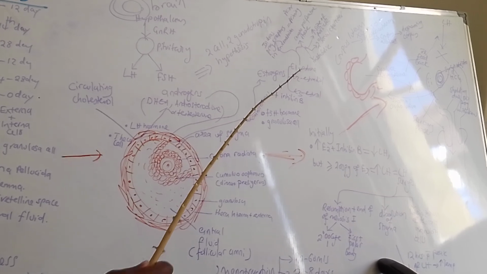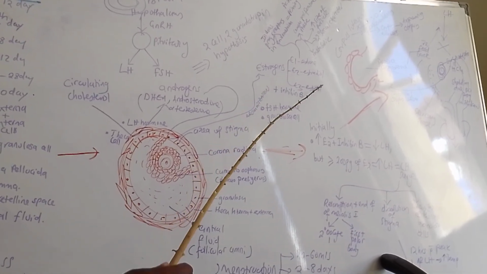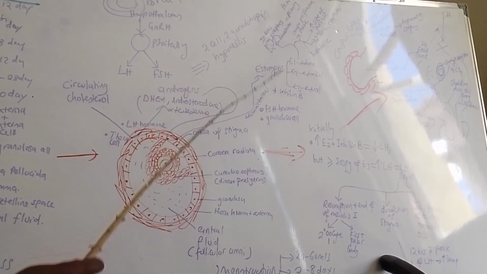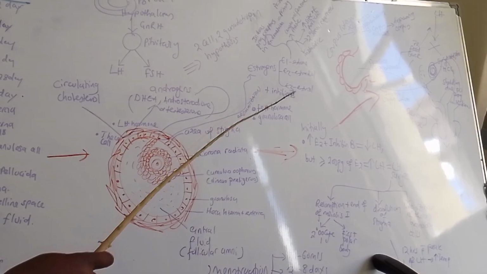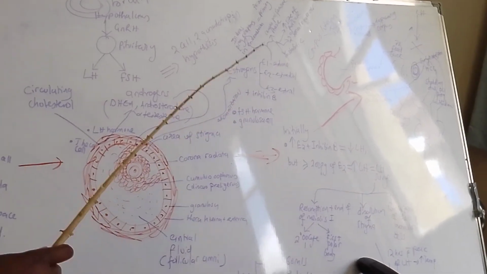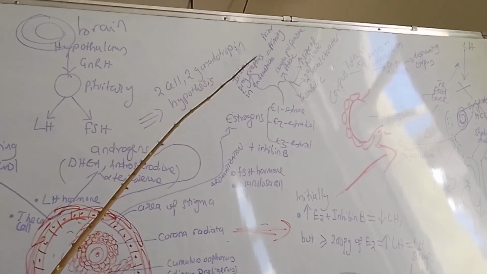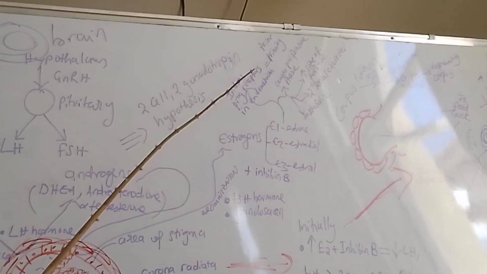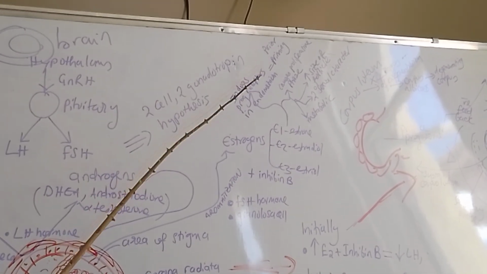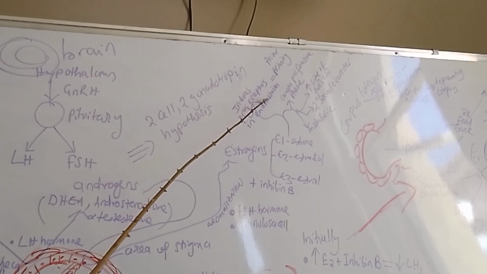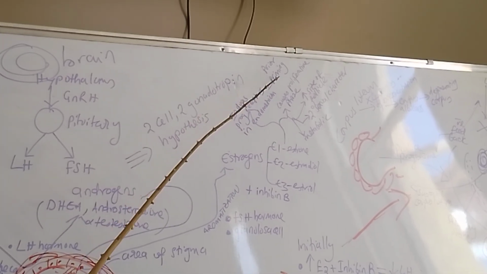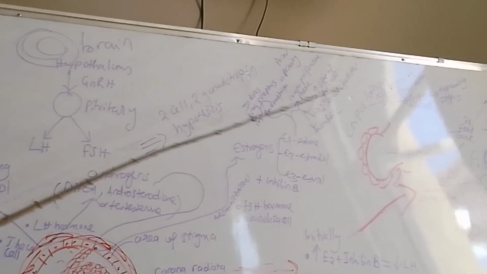Now, these are produced. Now let's look at what does the estrogen do. This is very important. What does this estrogen do in the body of a girl? The first thing that they will do is that they will induce progesterone receptors in endometrium. This is called priming.